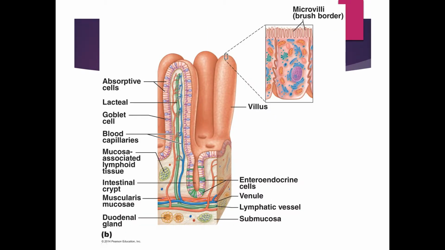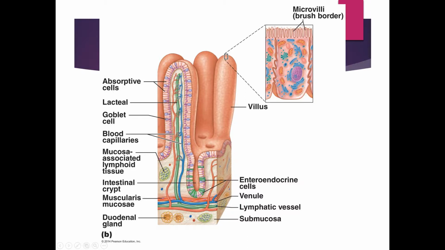This picture shows what a villus looks like. So here is the mucosa of the small intestine, and these are the little peg-like extensions that go in there to increase surface area for absorption. This is all simple columnar epithelial tissue with goblet cells all around here.